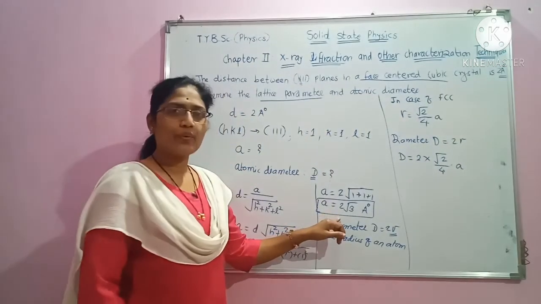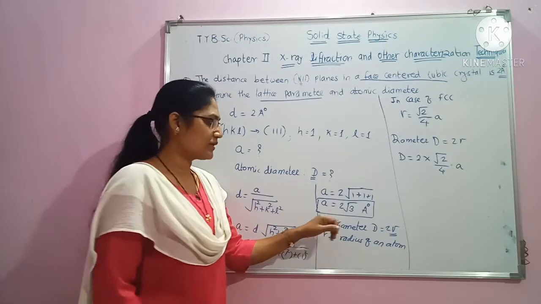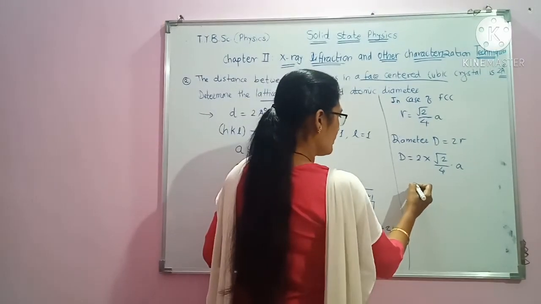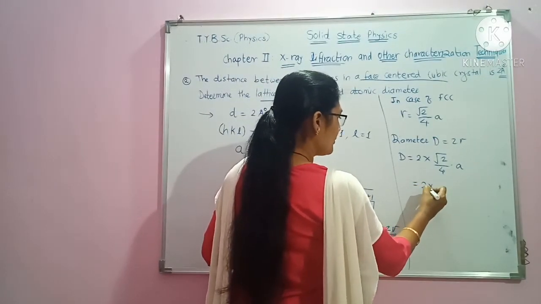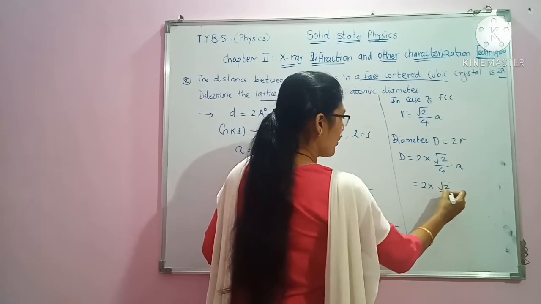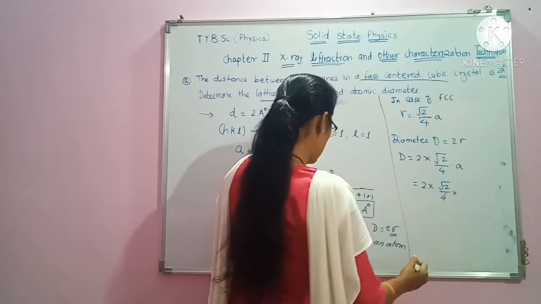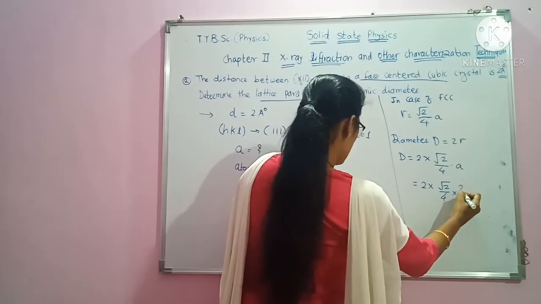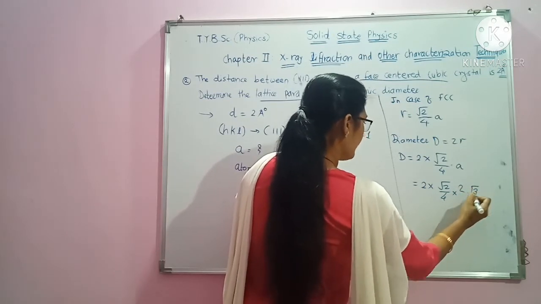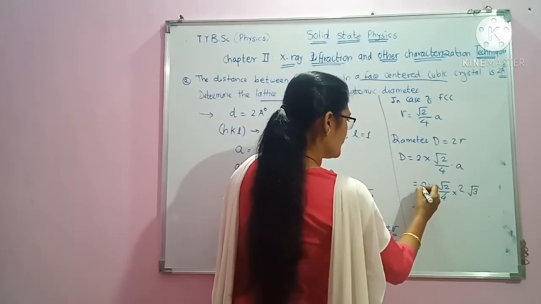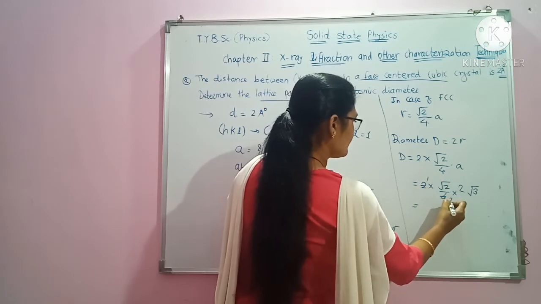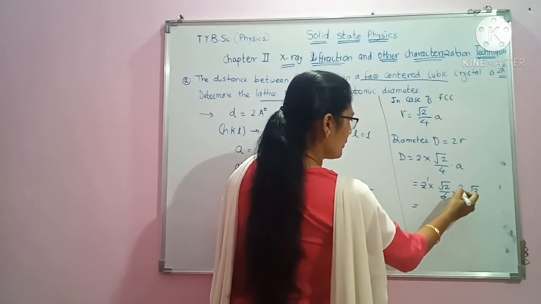But just now we have calculated the value of A also. So substitute that value: 2 into root 2 upon 4 into the A value, which we have calculated as 2 into root 3. 2 1s are 2, 2 2s are 4.